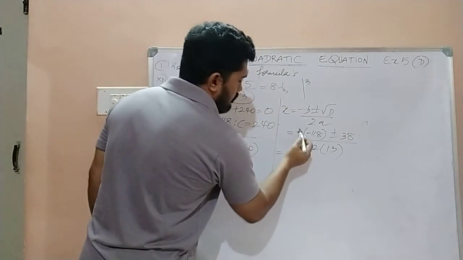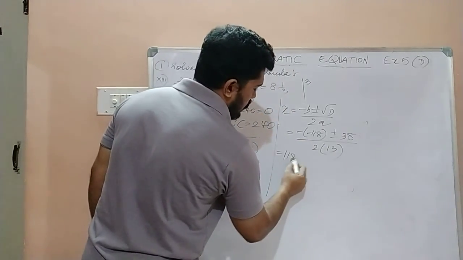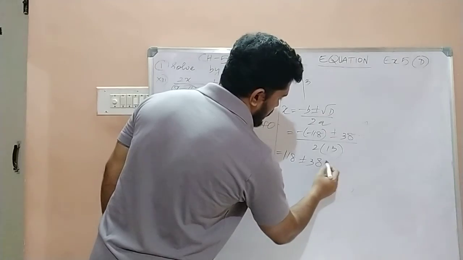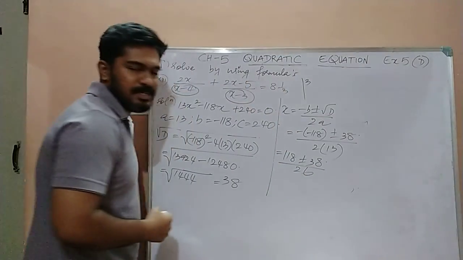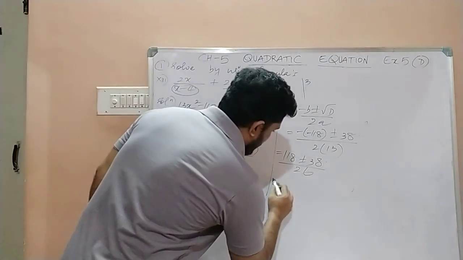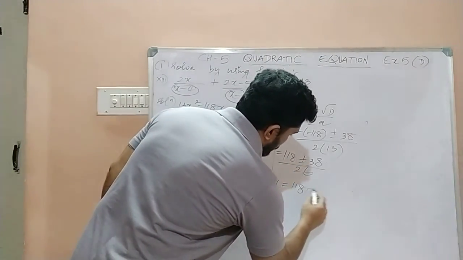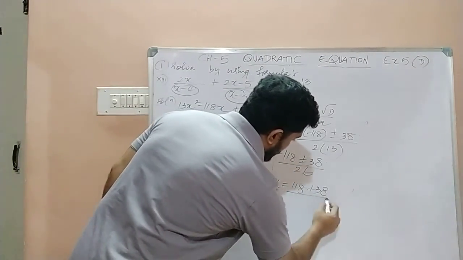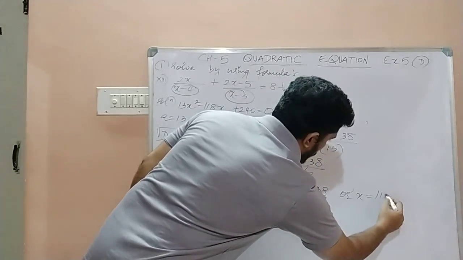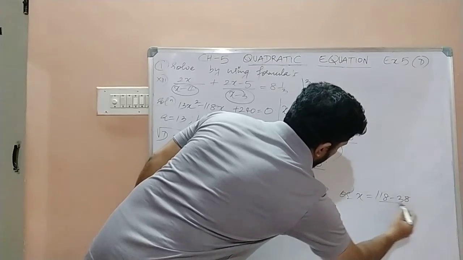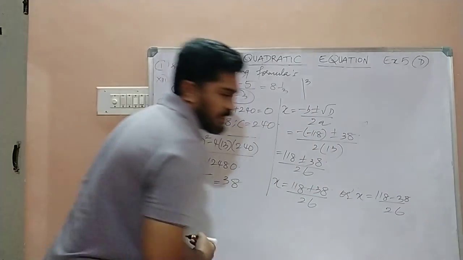So we get minus of minus 118 is 118 plus or minus 38, divided by 2 into 13, which is 26. Correct? So children, x is equal to, the first possibility is 118 plus 38 by 26, and the second possibility is 118 minus 38 by 26.